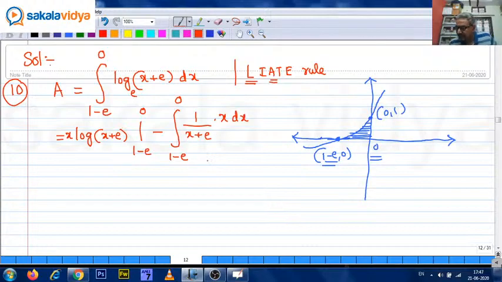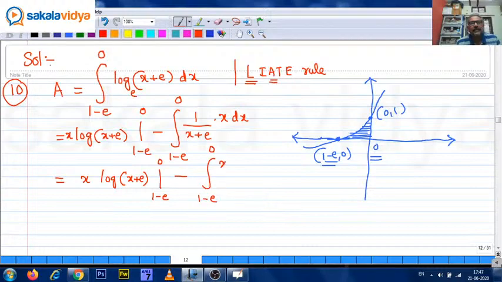So now this is x log of x plus e from 1 minus e to 0, minus the integral from 1 minus e to 0 of, adding e and subtracting e, x plus e minus e upon x plus e dx.